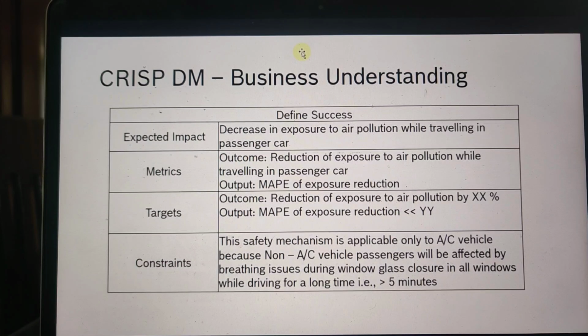So my car will be covered completely, and the human sitting inside will be protected from these environmental pollution factors. If it is a non-AC vehicle, we cannot sit beyond 5 minutes in a closed car. It will create a severe problem. So this model applies to an air-conditioned vehicle only.